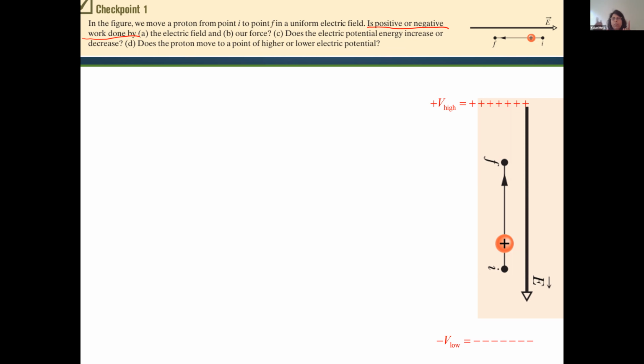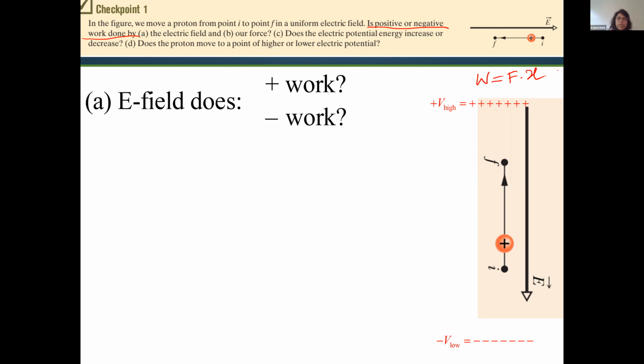Remember that work done is force times distance. We discussed that in your physics 1 class. In this case, it is electric field and distance. But if force and distance are in opposite directions, your work done is negative. So the electric field does negative work because the two are in opposite directions. I hope everybody understands that.